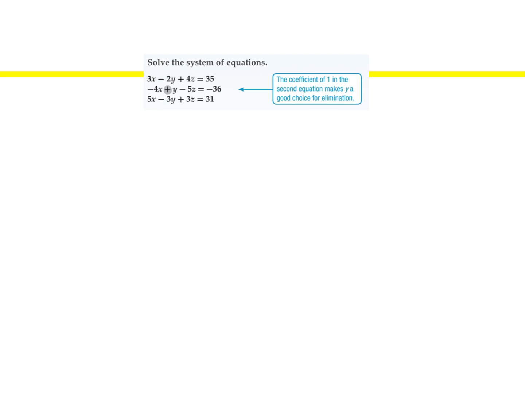Now, I'm going to write down the steps. The first step is what I'm going to call pairing. So pair equations to eliminate one variable. In this case, I'm going to pair equation 1 and equation 2. So I'm going to rewrite it.